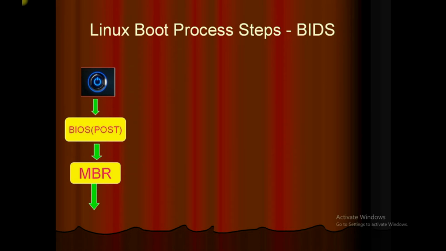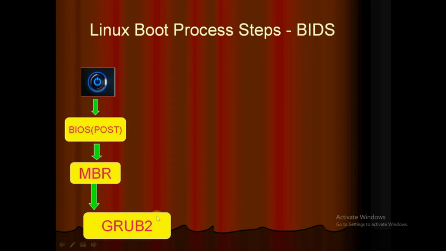Now the system will load and execute the next bootloader, which is called GRUB, Grand Unified Bootloader. This is the bootloader where the system gets to know which kernels are available and which kernel images it has to run.